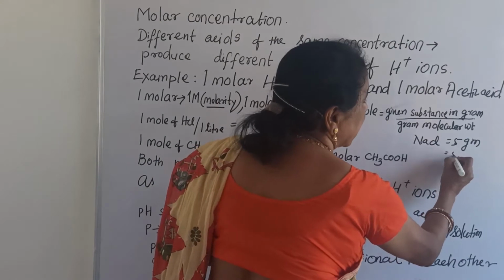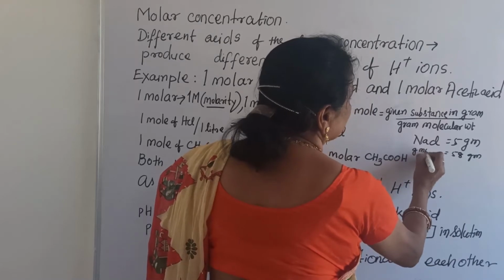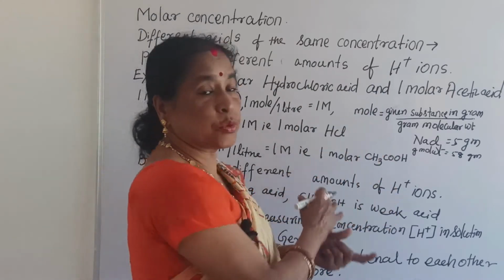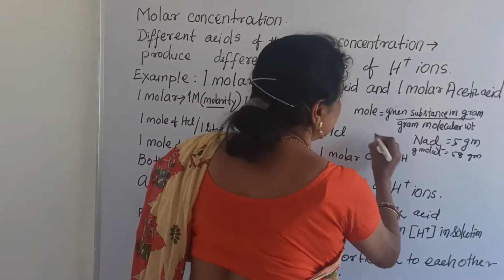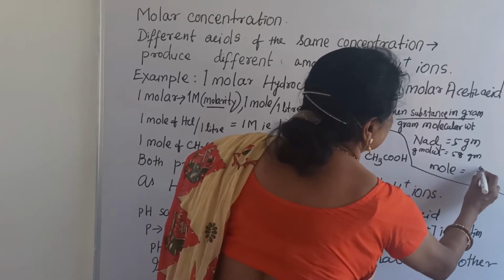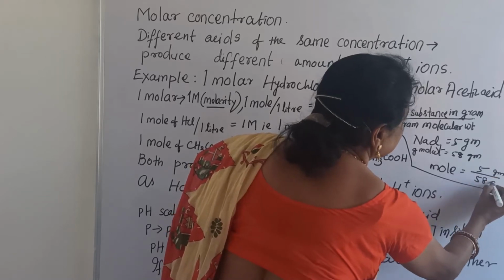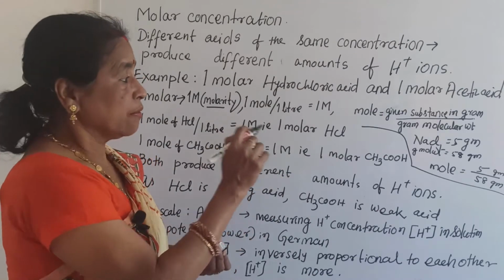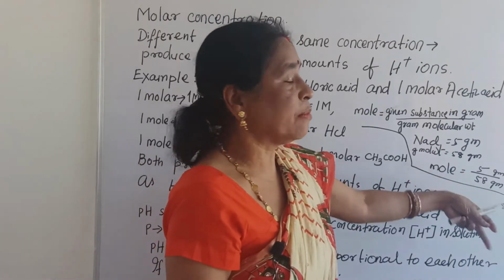That is 58, so 58 gram is the gram molecular weight of sodium chloride. So mole equals 5 divided by 58, here gram cancels. This is known as the mole of sodium chloride. When 5 gram of sodium chloride is given, how many moles? That is 5 by 58.